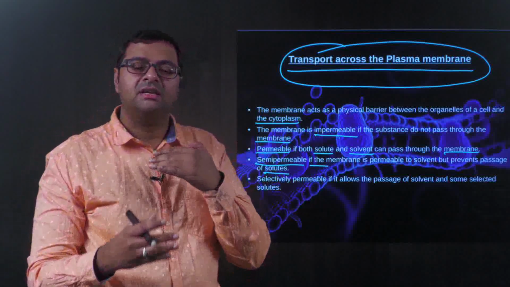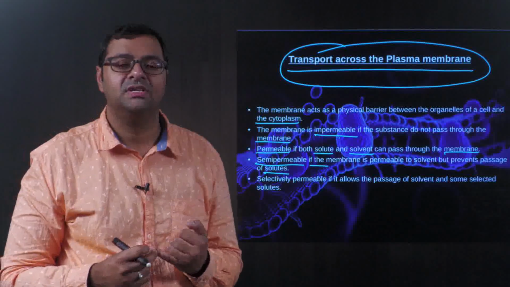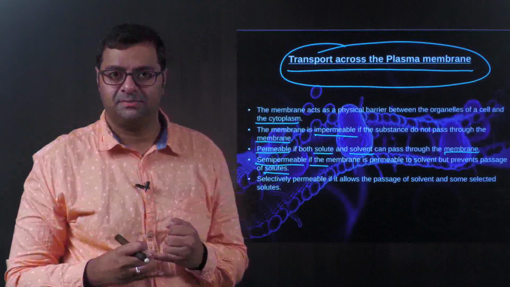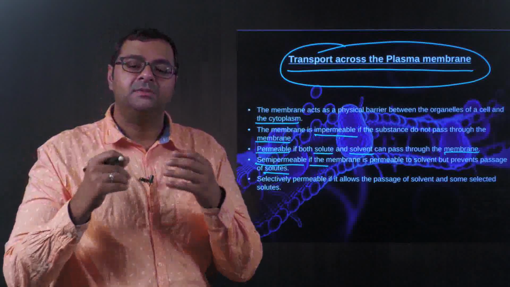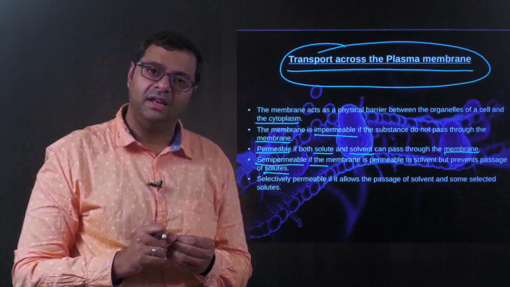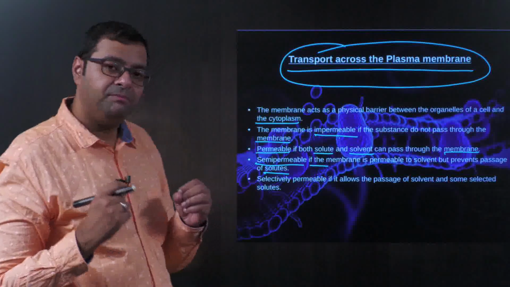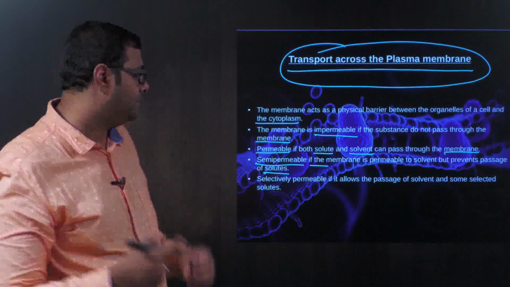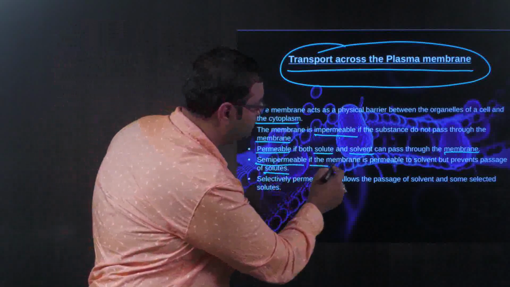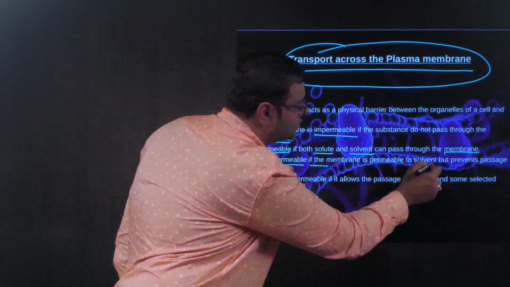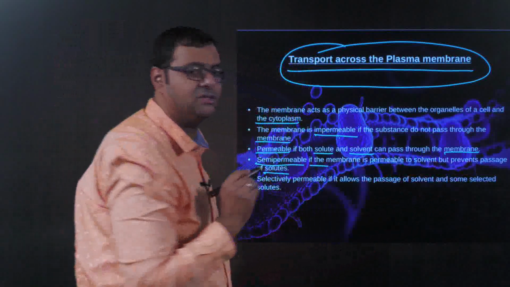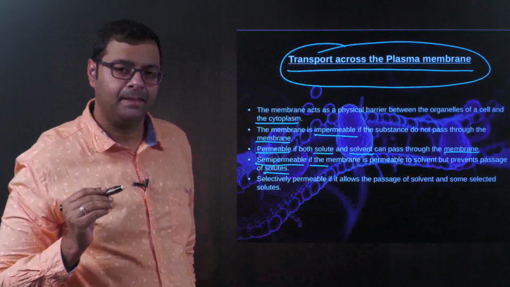There are certain processes called osmosis and diffusion, and we are going to learn these later in this chapter. But for the time being, please remember that semi-permeable means the membrane is permeable to the solvent but prevents passage of solutes.